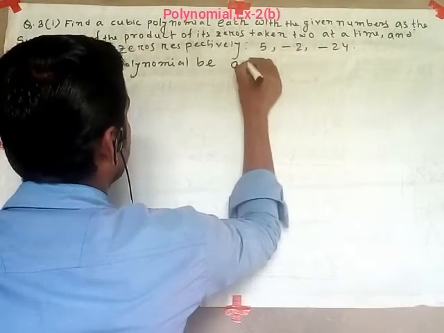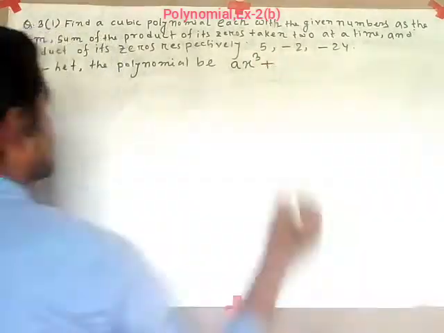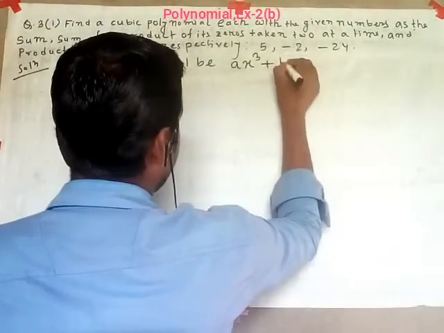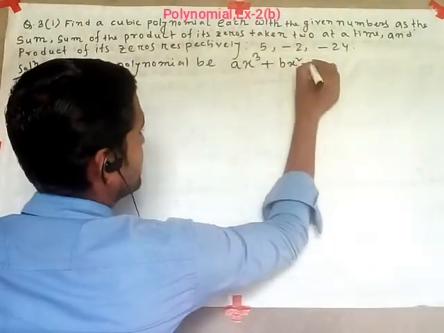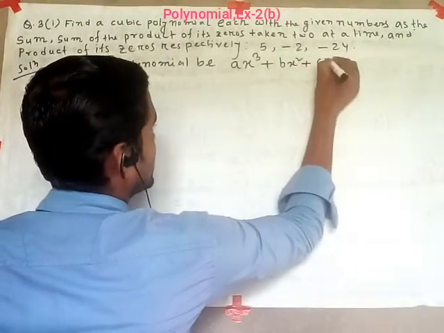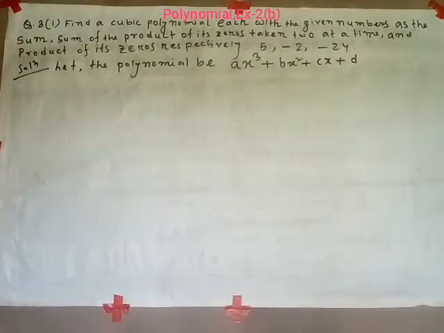This is the general form, ax cube plus bx square plus cx plus d, and zeros.